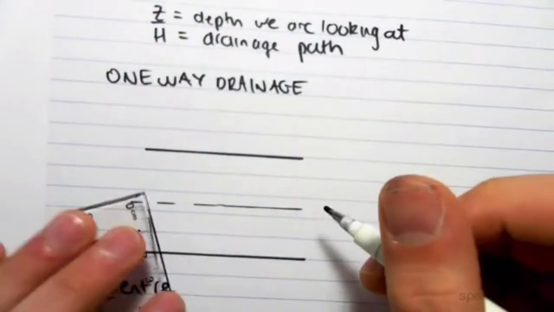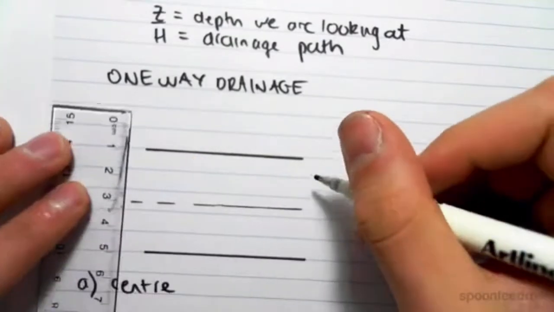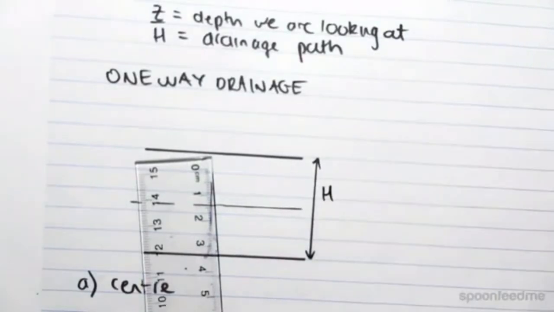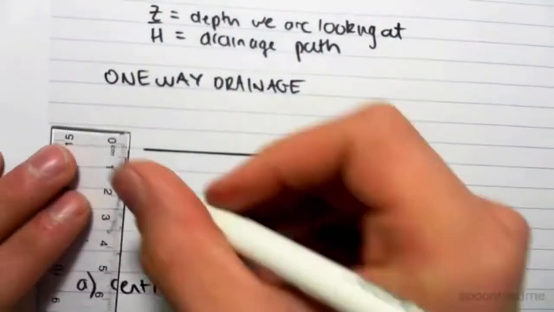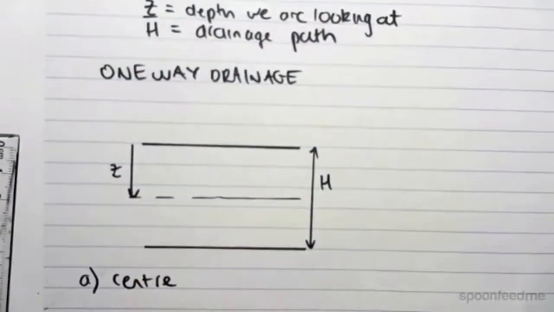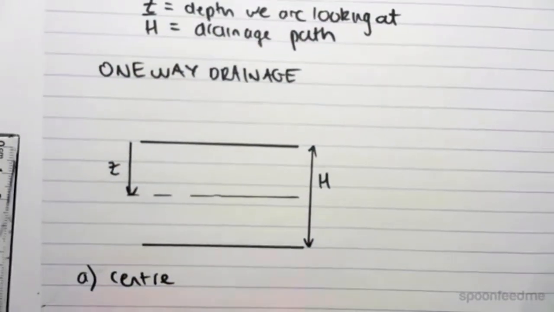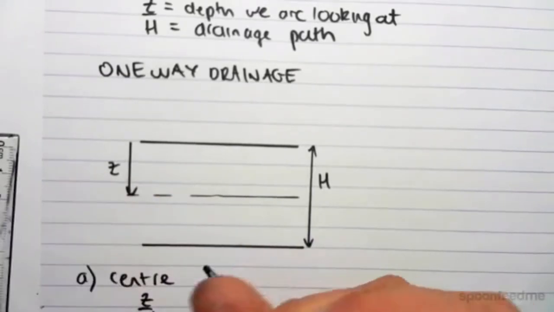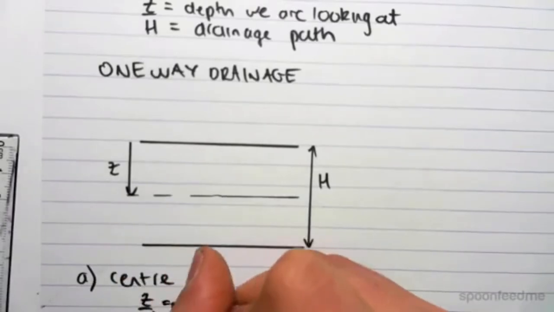Because it's one-way drainage, that total distance is H, and we're looking at the center, so we're going to a point Z from the surface. So you can see just graphically that Z on H would be a half, right? Z is a half of H, so Z on H would be a half.